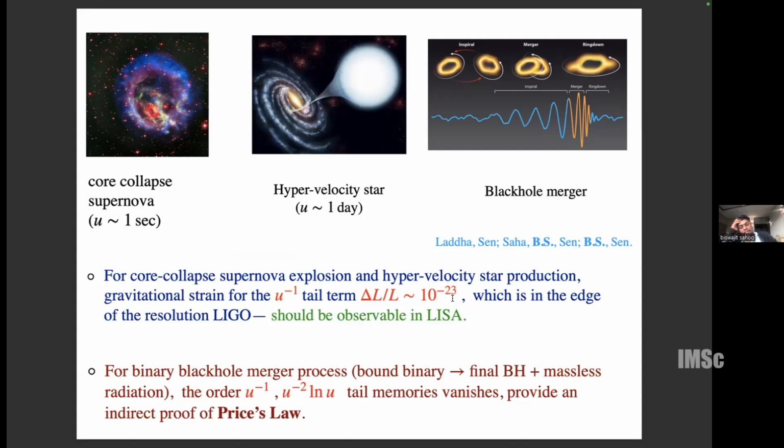In the cases where there is a single massive object in the final state and a single massive object in the initial state, all these tail coefficients, this 1 over u and the log u over u square coefficient, vanish due to cancellation between different terms, which actually provides some indirect proof of Price's law, which exists in general relativity, which tells that for a merger event, after the quasi-normal modes, the power law tail should start from u to the power minus 2. So this is consistent with the Price's law prediction, and also gives an independent proof of why the earlier tail terms 1 over u or log u over u square don't appear in the case of merger events.